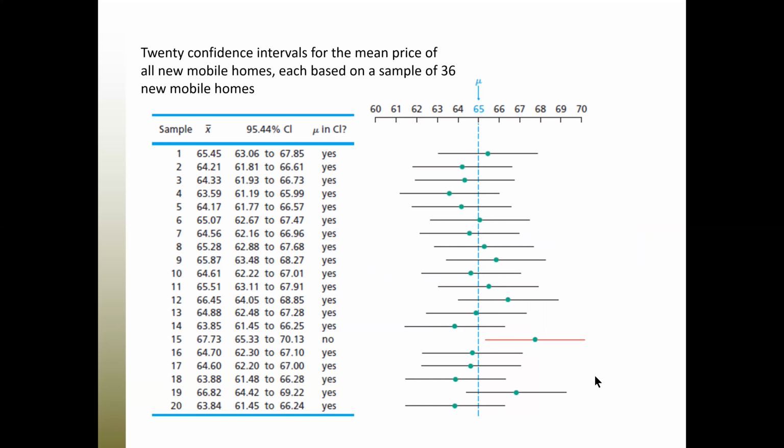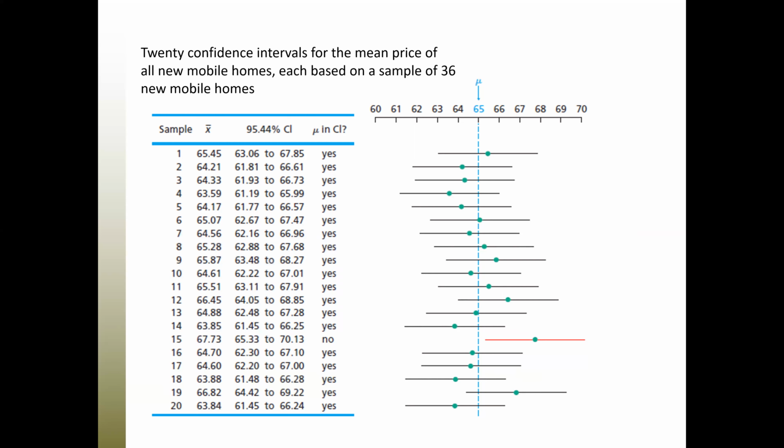A 95% confidence interval means that we are 95% confident that this interval will include the population mean.